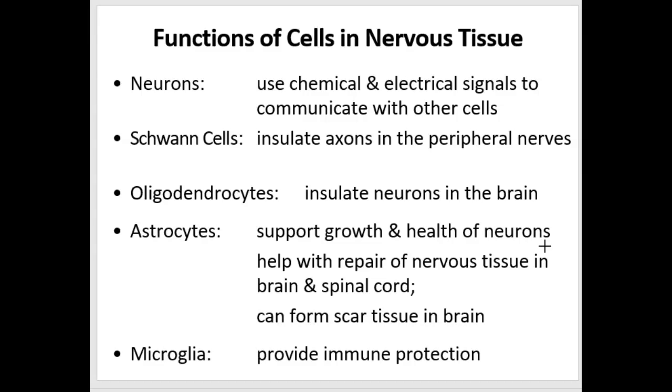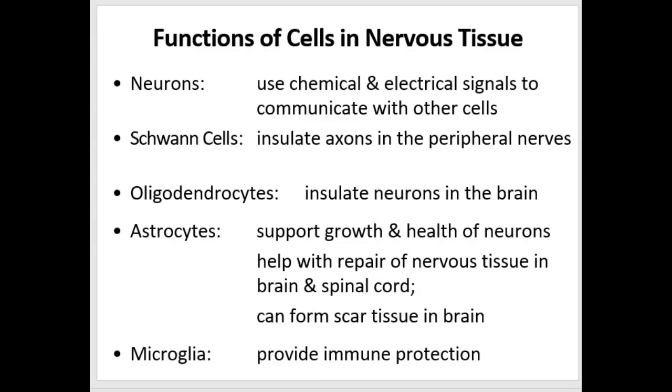Astrocytes also help control the chemical environment in which neurons exist by membrane transport mechanisms, making sure that the extracellular fluid has the correct concentration of certain ions and nutrients. Microglia provide immune protection. So they're the phagocytic cells that can chew up debris of any damage or maybe fight an infection through phagocytosis.